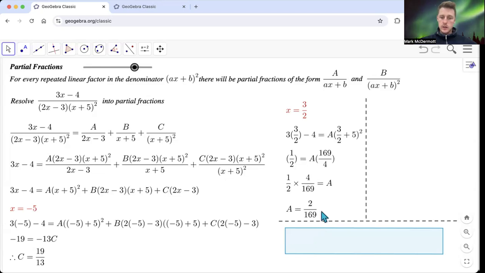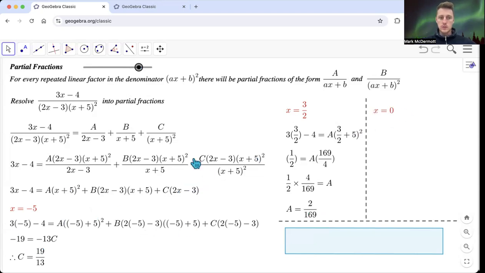Okay, so now we know A and C. We don't know what B is yet, and this is where this question was a bit harder than I thought. What you need to do now is just pick any other value of x. Pick anything you like, because there's no other value we can pick that's going to cancel these to be 0. So we can just pick anything, because really we just need to find B. So I'm just going to pick x equals 0.